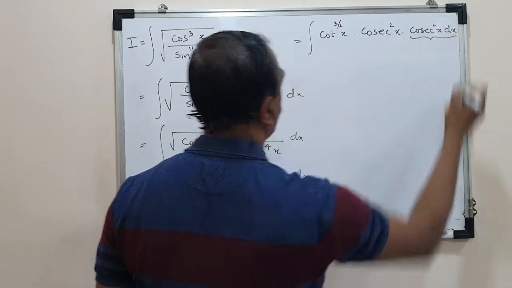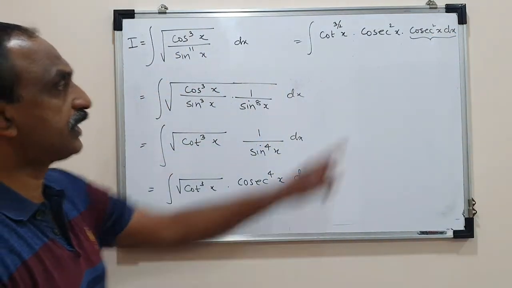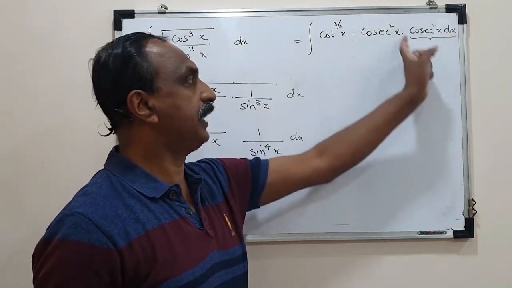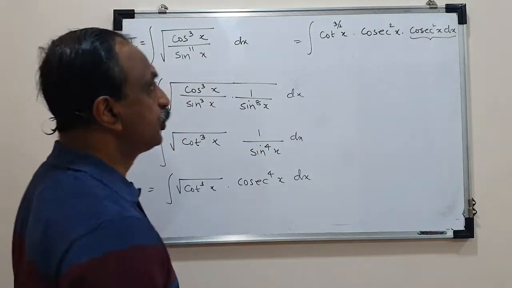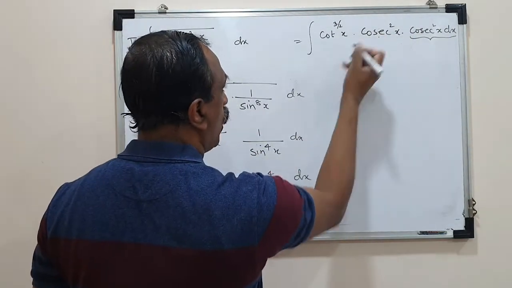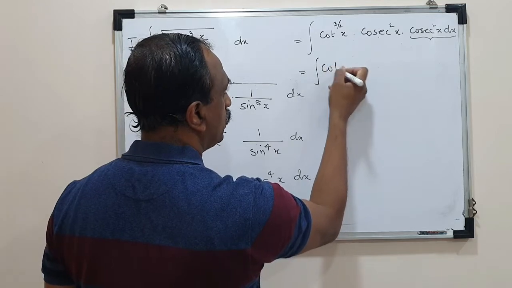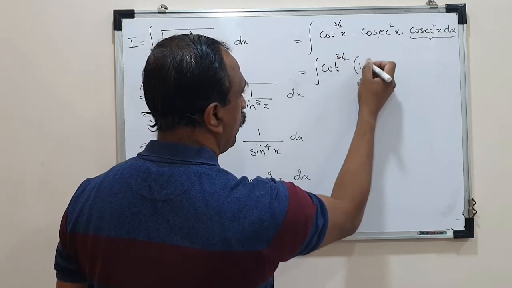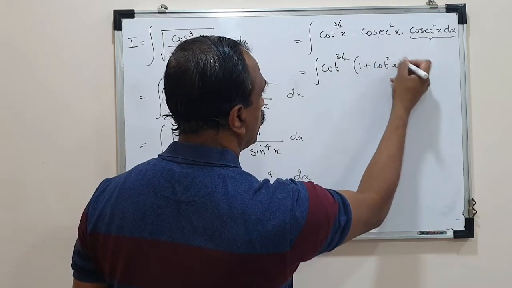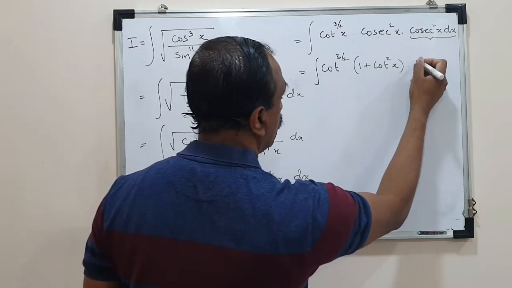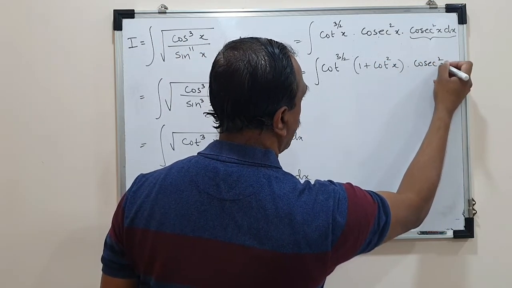So this is the derivative of cot x. So if I put cot x as t, I can adjust this in terms of dt. So if I change this also to cot, then my problem will be solved. Cot raised to 3 by 2 into 1 plus cot square x. You know that cosec square x is 1 plus cot square x, into cosec square x dx.